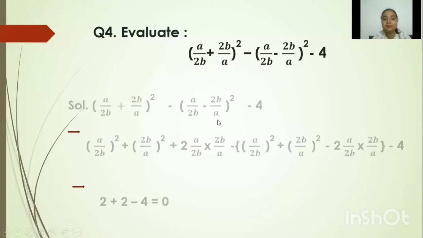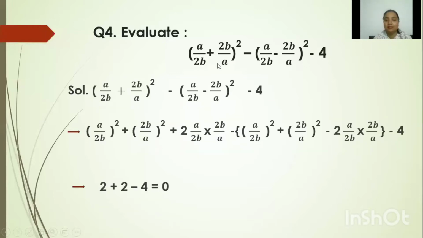Let's see. So this is my first term, my second term, and I am opening them with the help of my first identity, a plus b whole square, right? So this is first term square plus second term square plus 2ab. For 2ab I have written 2 times my first term multiplied by my second term.